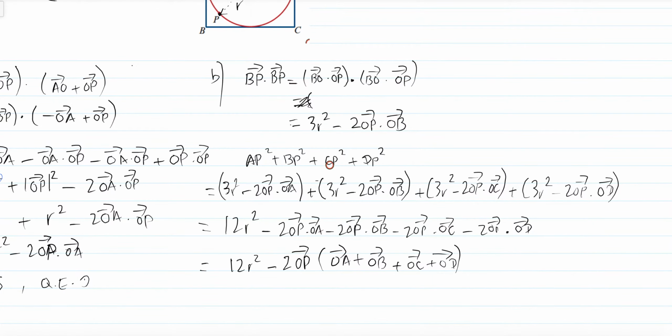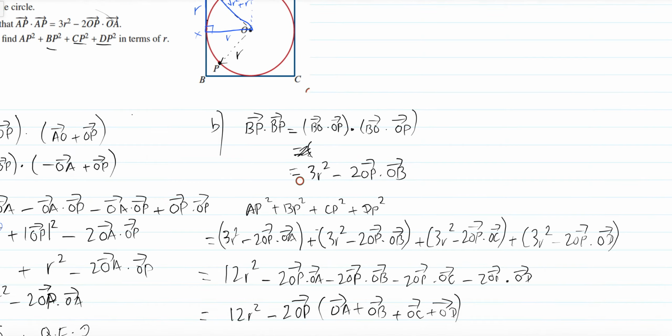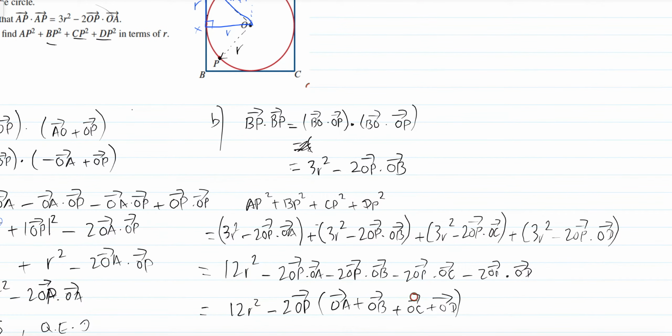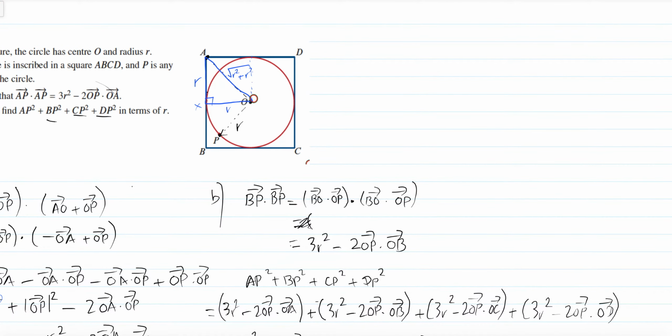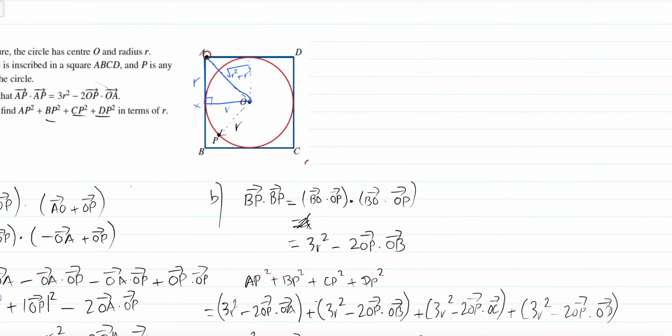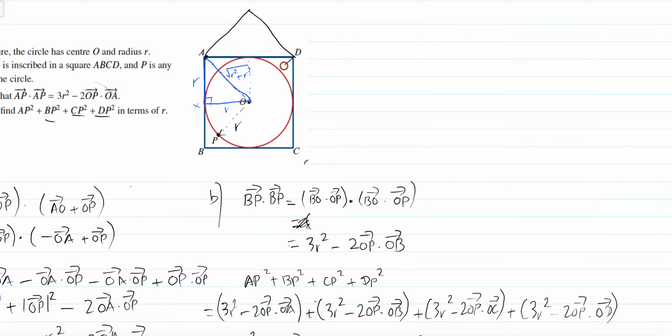Okay, now if you have a look back at your diagram, OA plus OB plus OC plus OD. They are a square and they are the diagonals. If you were to draw them in terms of vectors, what you actually get is a diamond. OB, and then that's OC, and then that's OD. And what it ends up is back at your original point, O, your center.